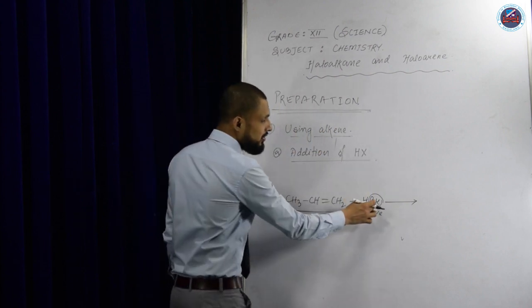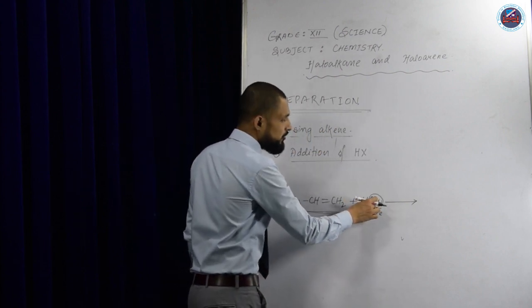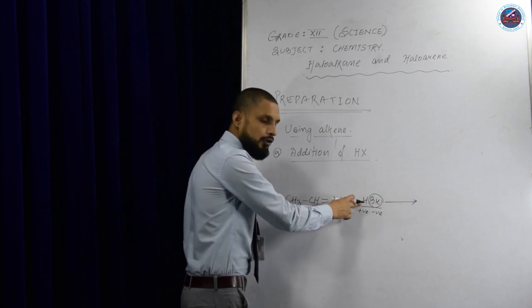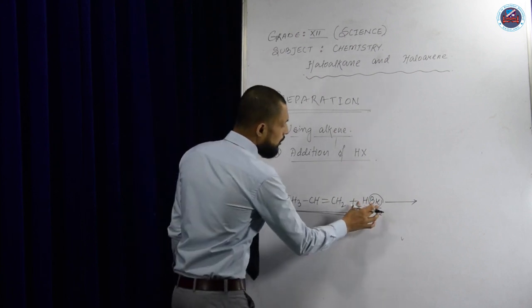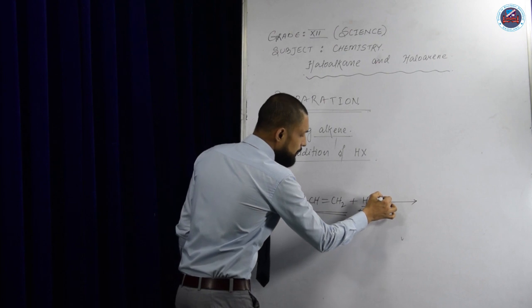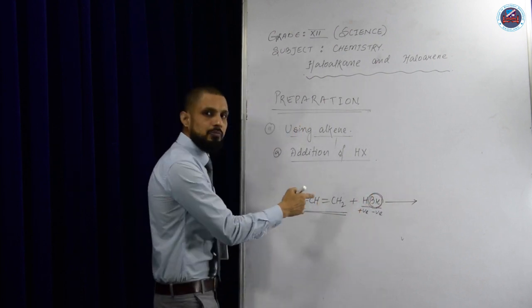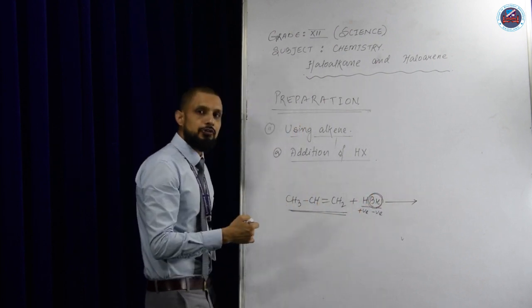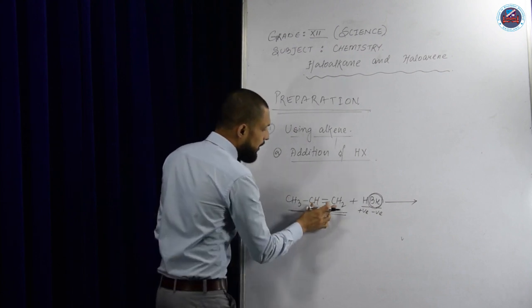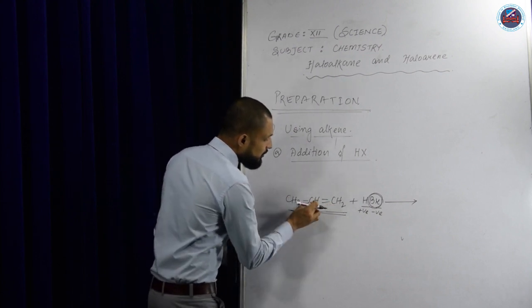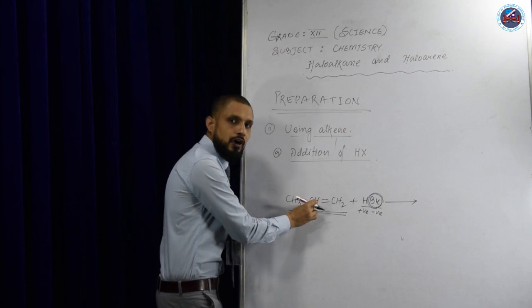Now why is Br the negative part? Because Br is more electronegative than hydrogen. So Br being negative is added to the carbon having lesser number of hydrogen atoms. So if we compare these two carbons, this carbon has lesser number of hydrogen atoms.